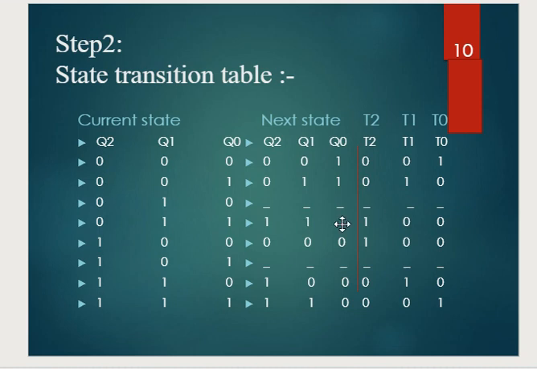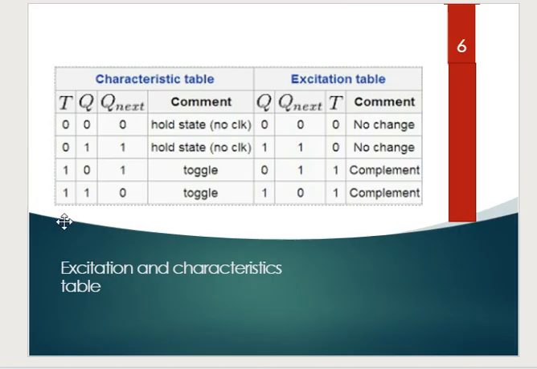On the basis of this, like I told you, we can derive this table from the excitation table. So here is the excitation table, and if we have the present state and next state, we can easily find the T, which is the output of this excitation table.